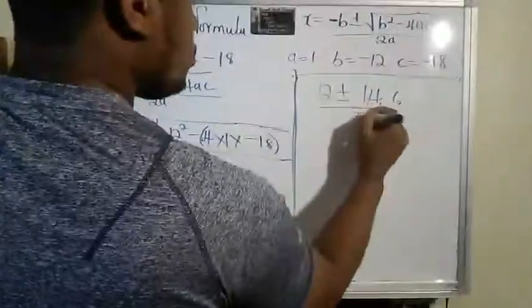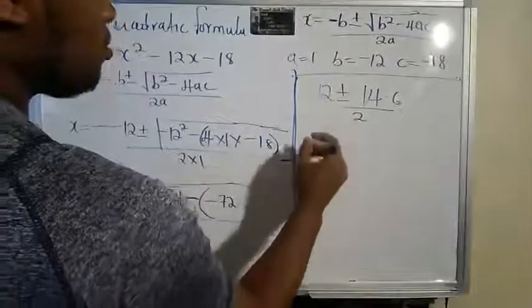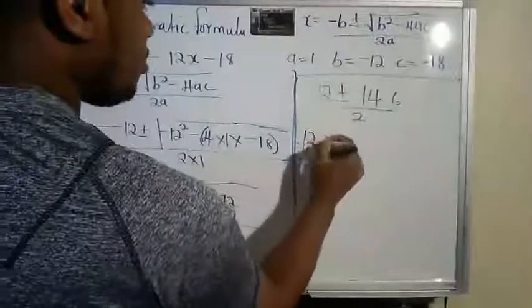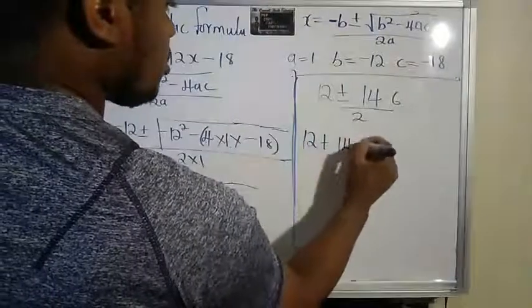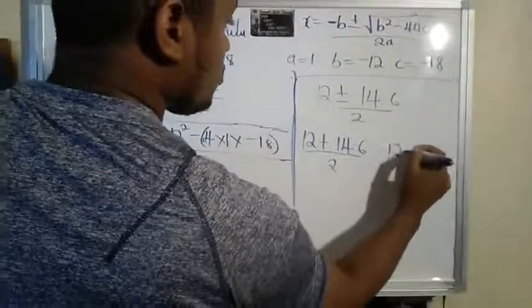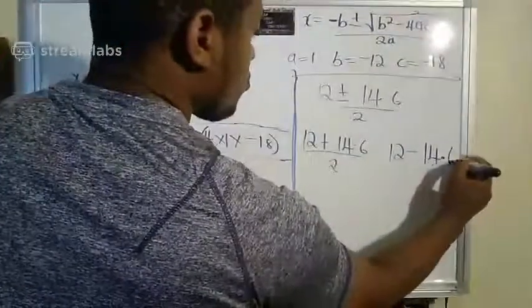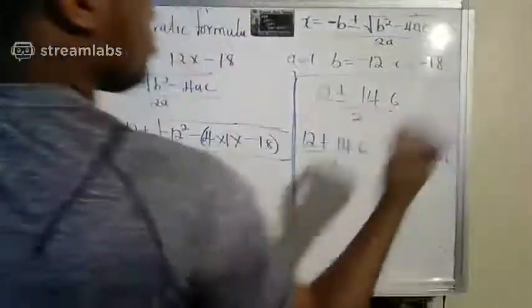So we're supposed to know the 12 plus 14.6 divided by 2. And then you have 12 minus 14.6. And that's it.